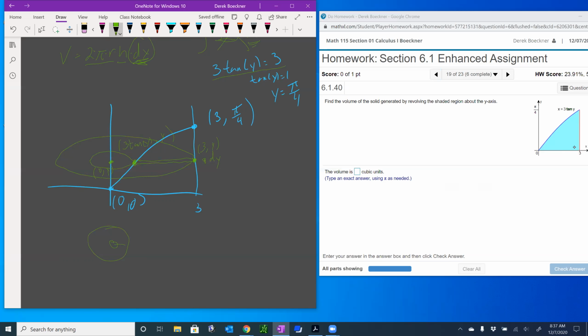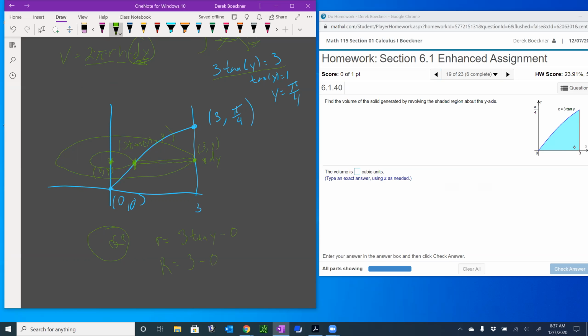So I've got inner radius and outer radius. Little inner radius, that's going to be the distance from here to here, which is going to be the change in the x's, which is going to be 3 tangent y minus 0. The outer radius is going to be from here to here. It's going to be the change in the x's again.